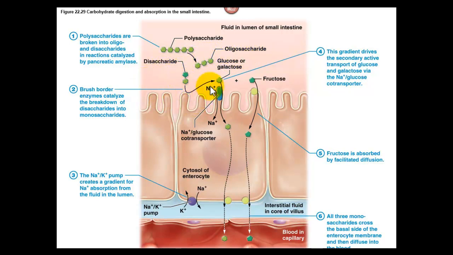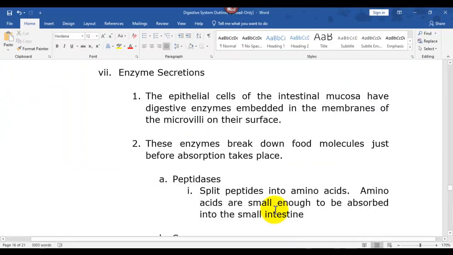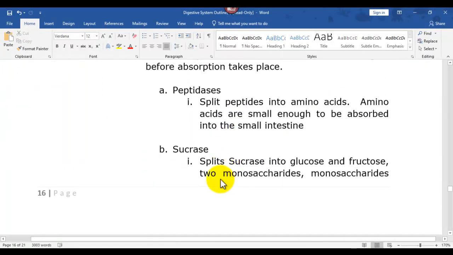So in the lining of the small intestine, there are enzymes embedded there. For instance, it doesn't say here which one it's talking about. Sucrase is found here, and I'll get back to this.